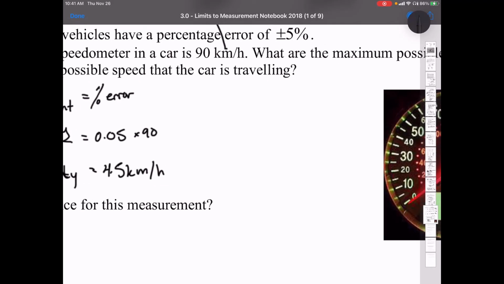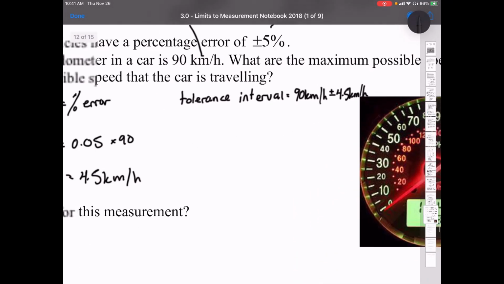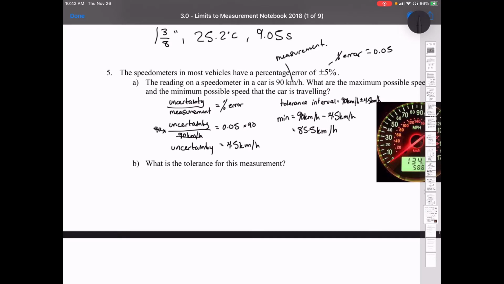Then you can write your tolerance interval as 90 kilometers per hour plus or minus 4.5 kilometers per hour. To find the min, that would just be 90 kilometers per hour minus 4.5 kilometers per hour, which would give you 85.5 kilometers per hour as your minimum possible speed.